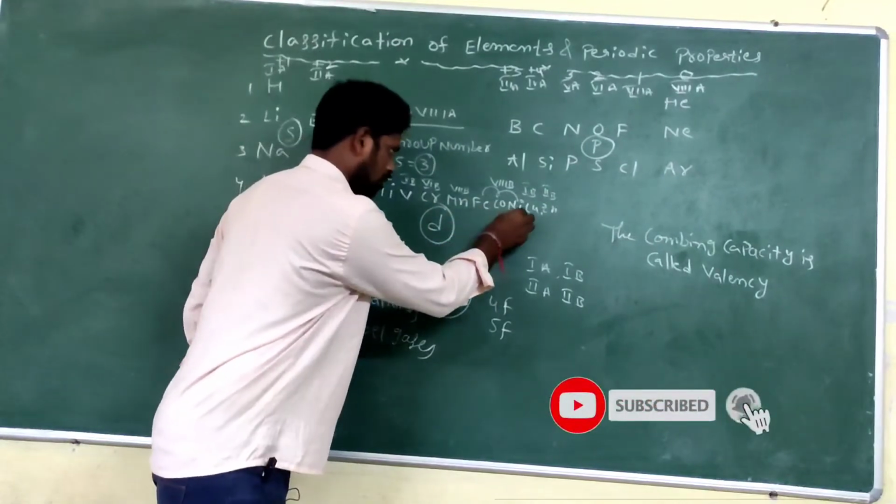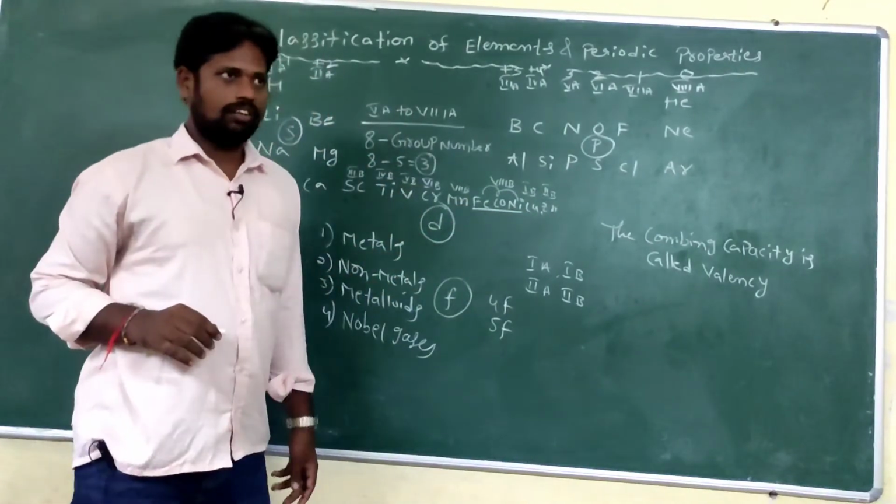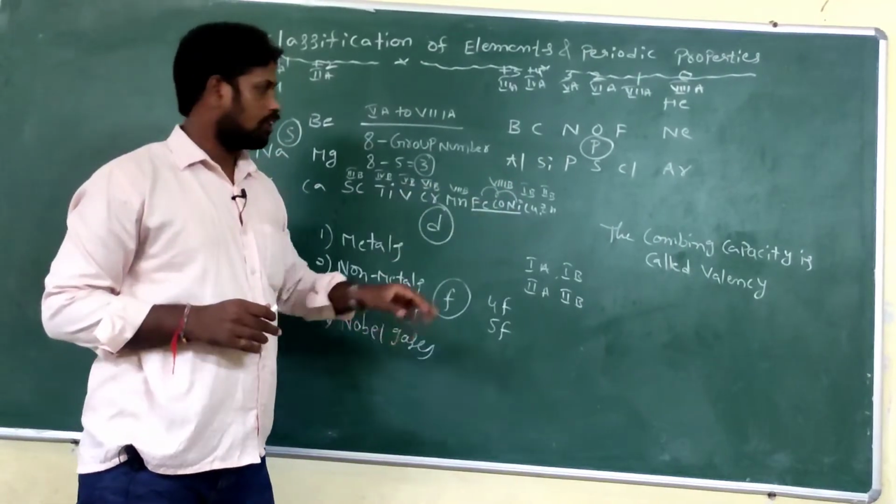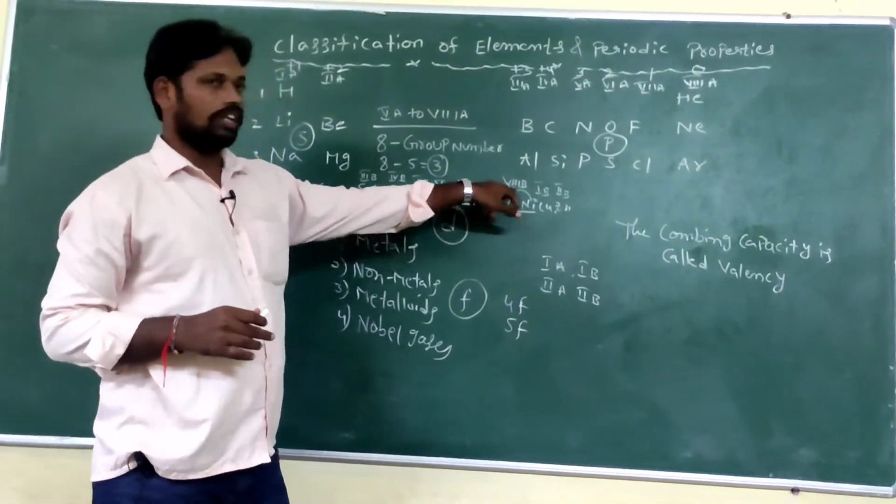In 8th B, three elements are considered one group.